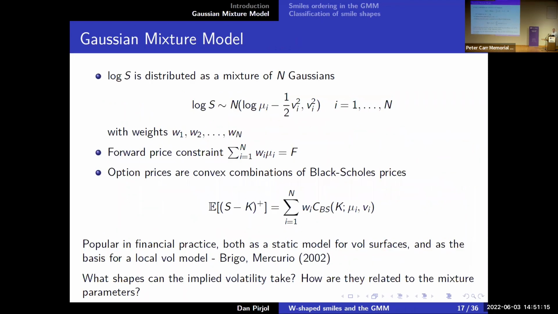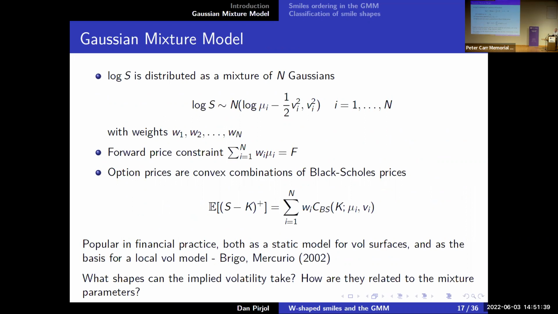Okay, so the Gaussian mixture model must be well known. Under this model, the log asset price is distributed as a mixture of n Gaussians, each of them with its own weight, the probability that you realize that state. And there are constraints from matching the forward price. Of course, the weights have to add up to 1.